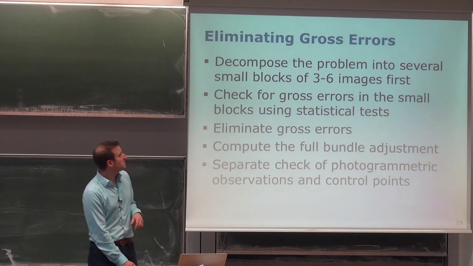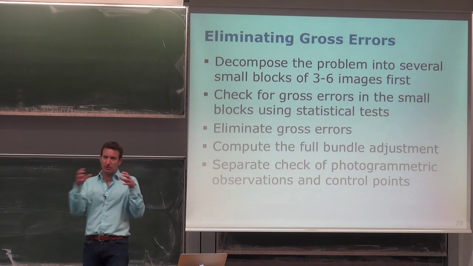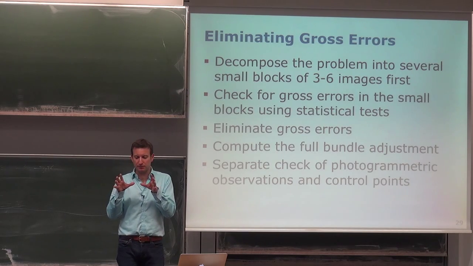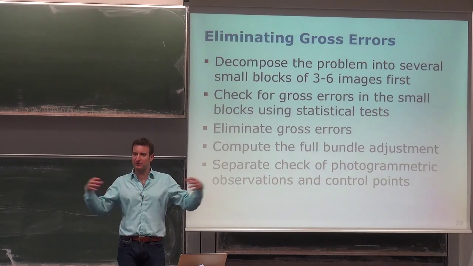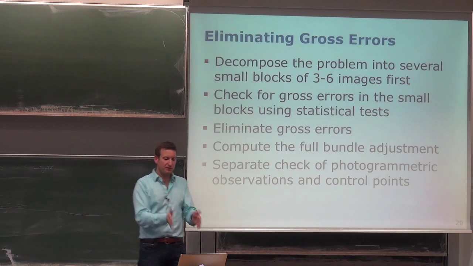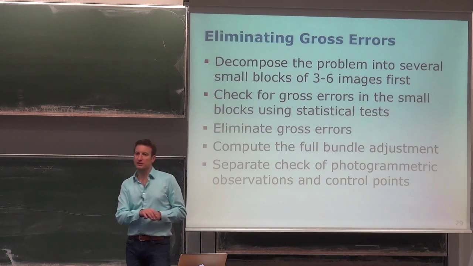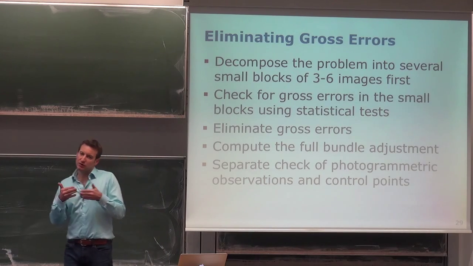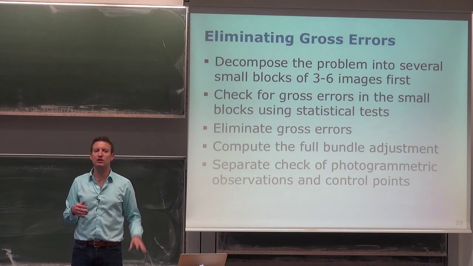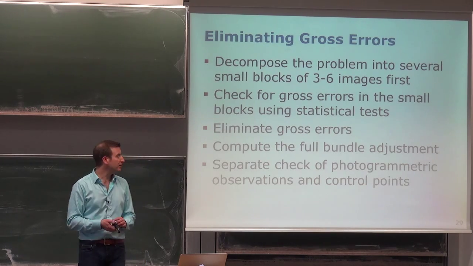Let's say I take three to six images and decompose the overall problem of optimizing all n images into first addressing small blocks of images. And of course, I assume the camera is moving through the environment, so the images should have seen more or less the same or a very similar scene.